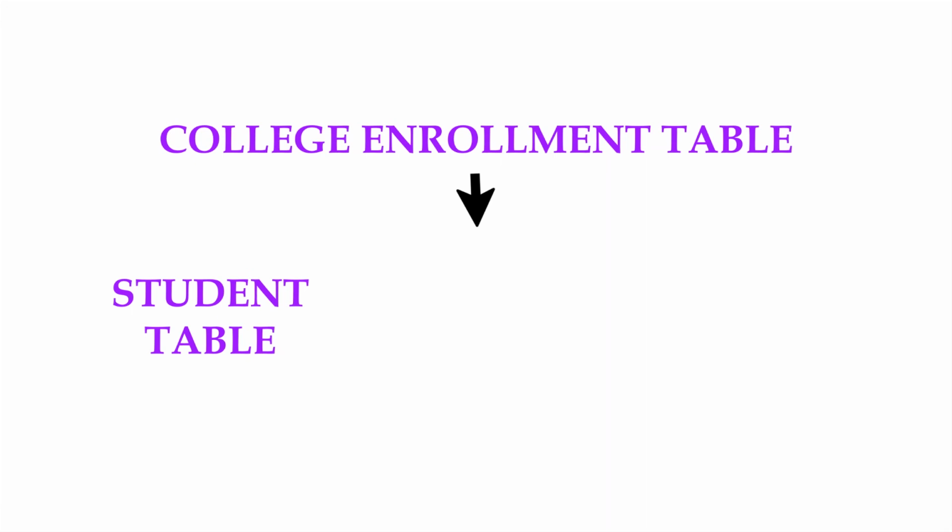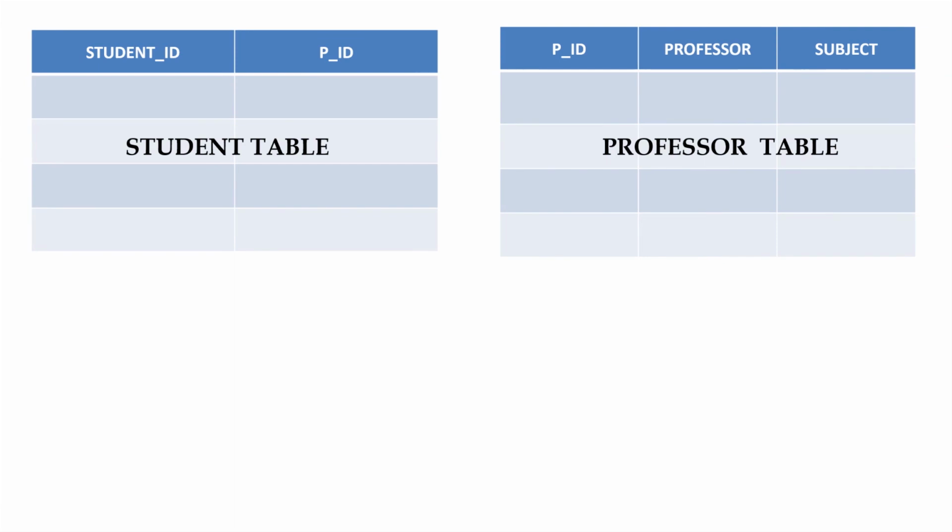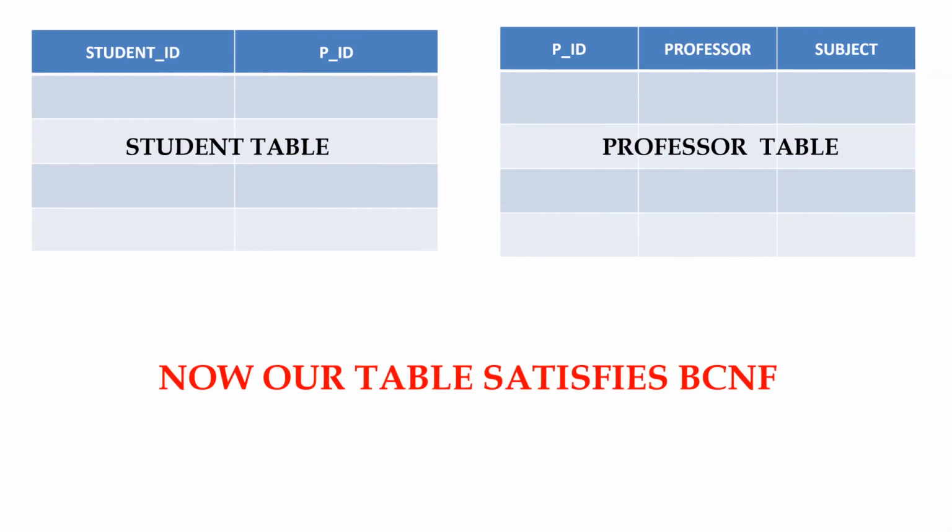So how to find a solution for this? Just by decomposing the table into two relations. The college enrollment table will be divided into a student table and a professor table. So we got the solution ultimately, and now our table satisfies BCNF.